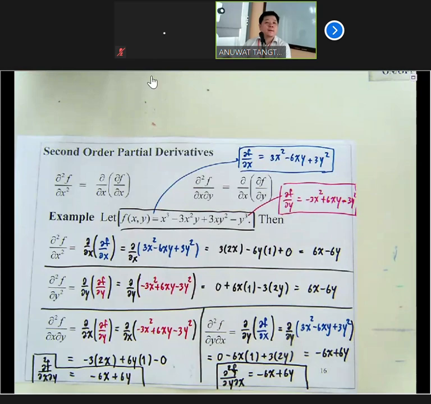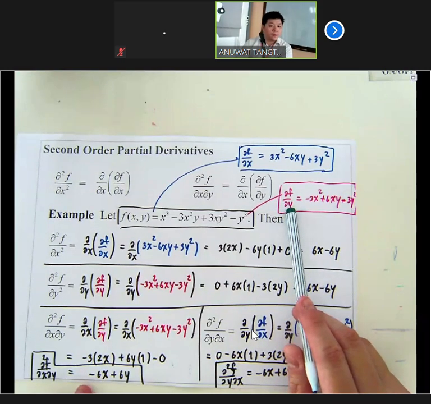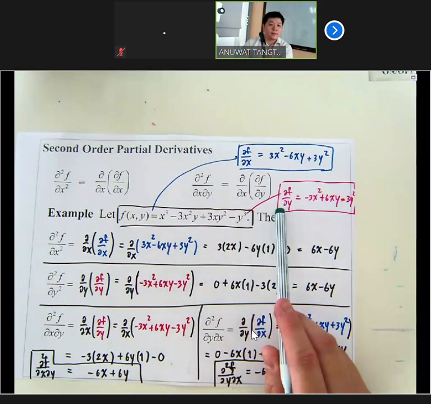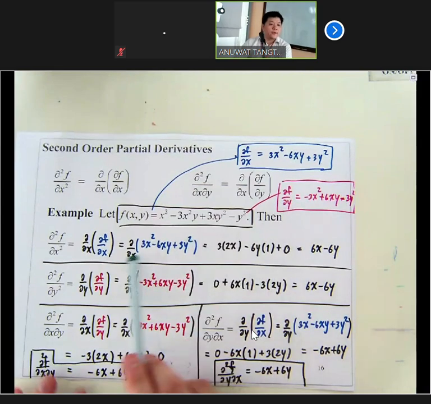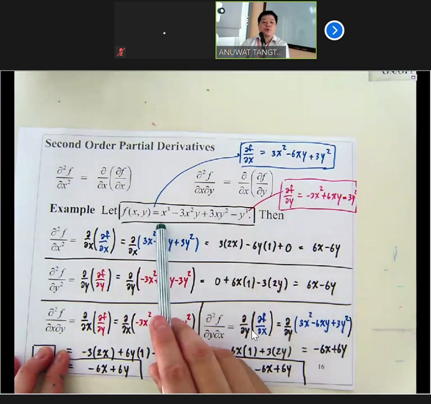Is that correct? Any mistake? This one? No, the first term, df by dy here, the first term derivative of x cubed becomes 0.